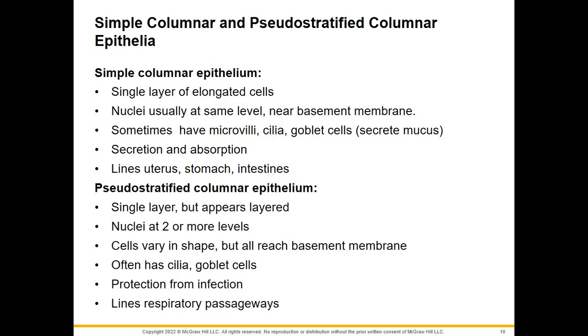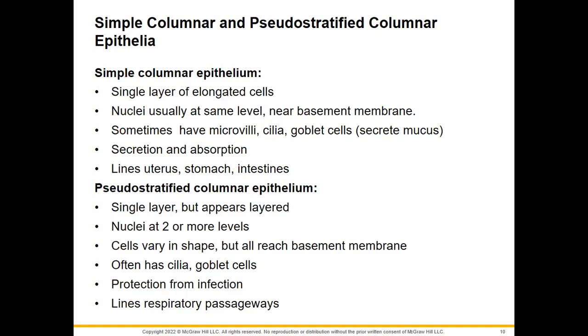Simple columnar epithelium is also associated with goblet cells. Goblet cells are going to be single cell glands that secrete mucus. These goblet cells will be embedded in between simple columnar epithelial cells, and they're going to secrete mucus.